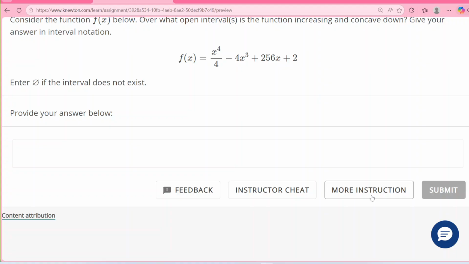So if you're working on an objective and you forget what the material is about or how to go about doing something, click on the more instruction option and you'll be taken to some reading or some videos to watch or both related to that objective, and hopefully looking through that material will help you get through the assignment problems.